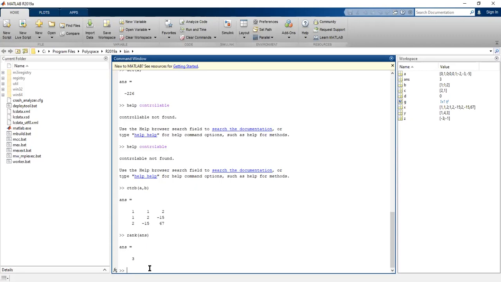All right. So if you have a controllability problem, you can either work it out as we have it, or use the commands that we have here. All right. So let's go back and talk about observability.